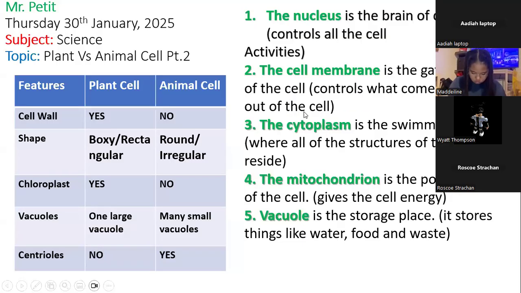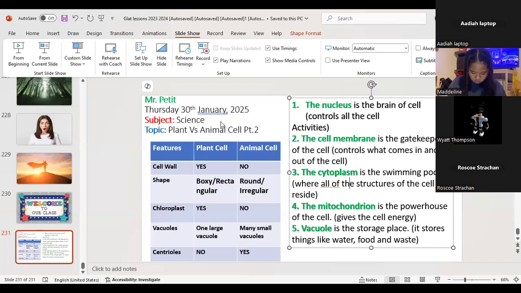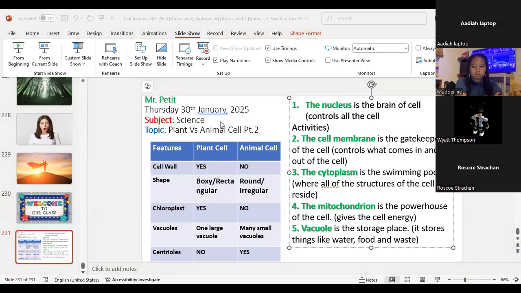So let me show a diagram of the cell. Go ahead, Roscoe, tell me what the vacuole does.